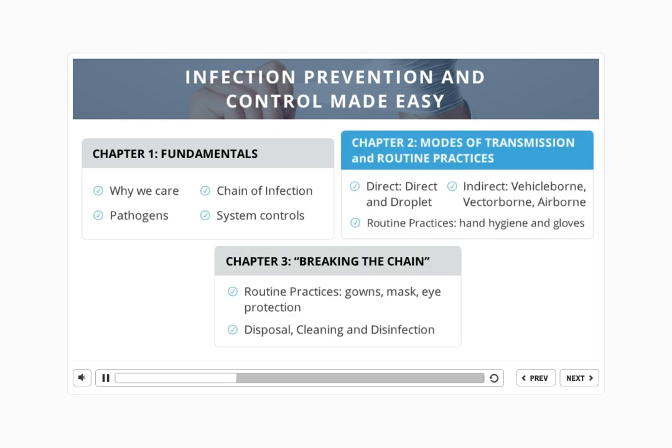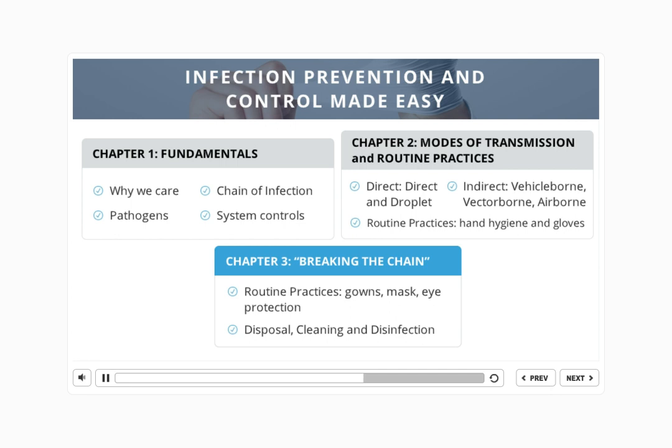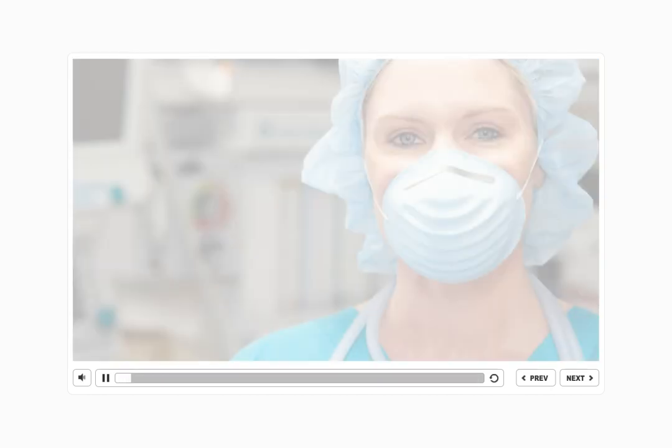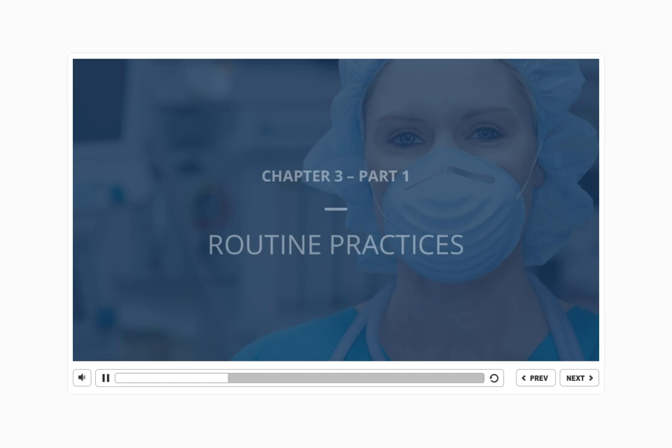In Chapter 2, you learned about hand hygiene and the use of gloves, a barrier PPE, or personal protective equipment. In this chapter, you will continue reviewing other PPEs as part of barrier protection against infection. Routine Practices, Chapter 3, Part 1.